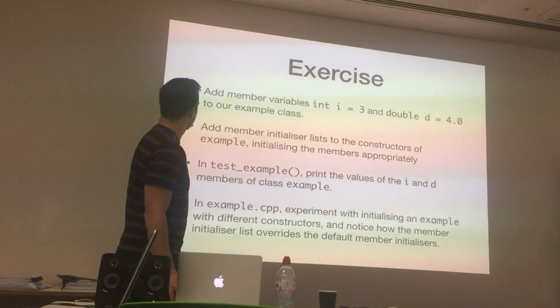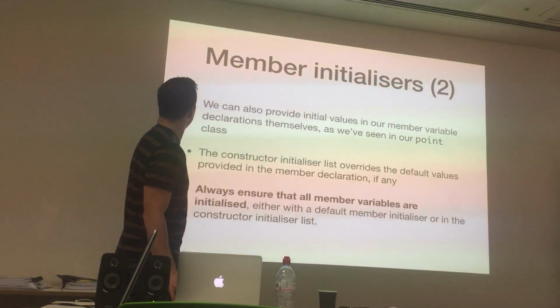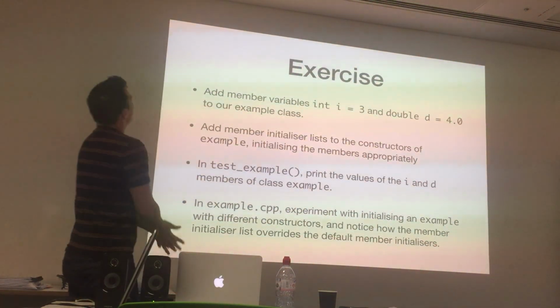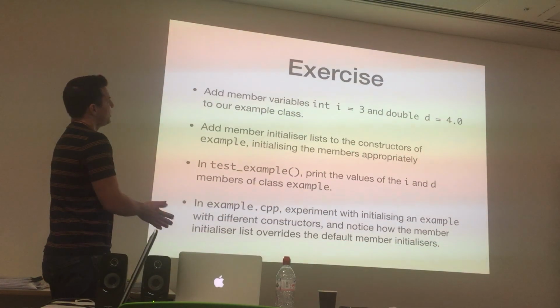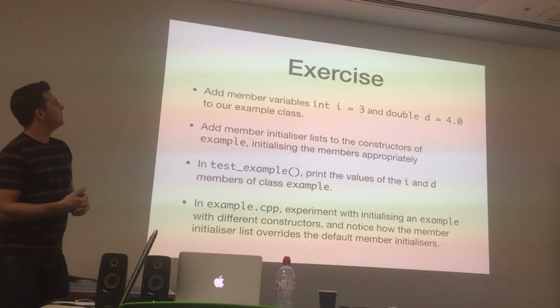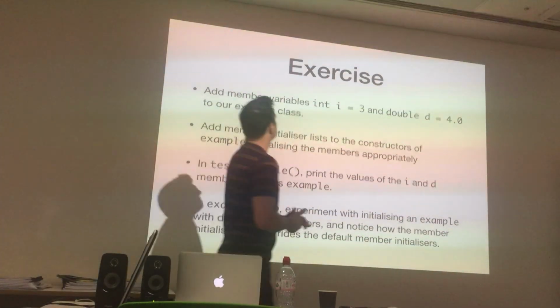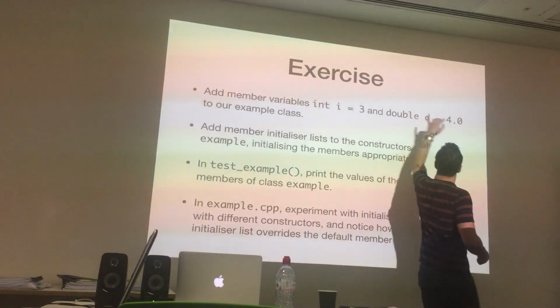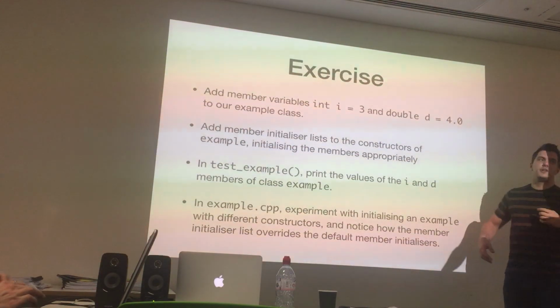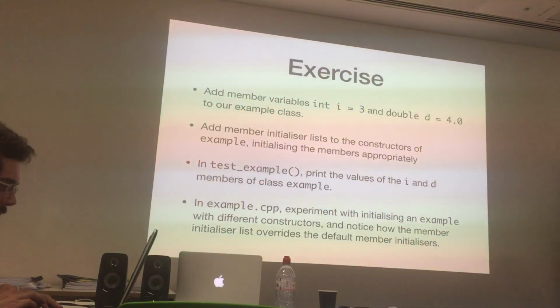I thought I had another slide there, but I didn't. Oh well. So, we're going to have a play with member initializer lists. We're going to add 2 members, an I member and a D member. They're both going to be initialized to some values I just picked. At this point you should have a 2-argument constructor and a default constructor.